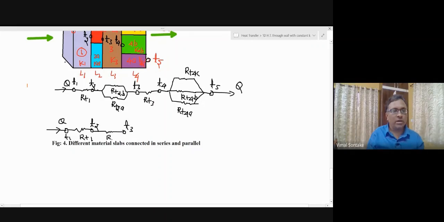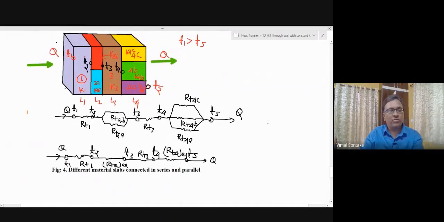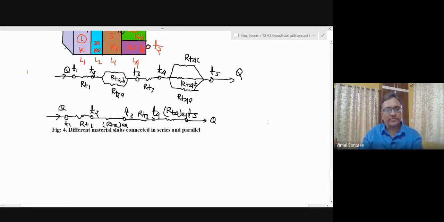It will become RT3 only between T3 and T4, and between T4 and T5 it will become RT4 equivalent. So this way I can represent the electrical circuit for a composite wall made up of slabs connected in series and parallel arrangements combined.